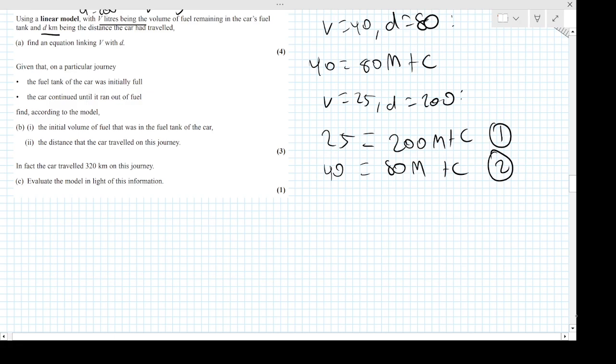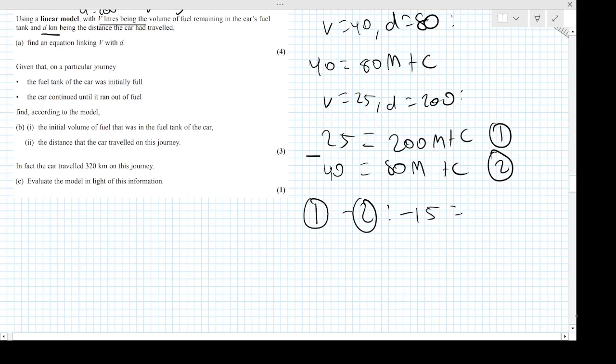Well, I could solve them simultaneously, so I could substitute or eliminate, but I think I can just take them away, because if I take both equations away, plus c and plus c, the c's will cancel. So if I do 1 take away 2, well, 25 take away 40 is minus 15.